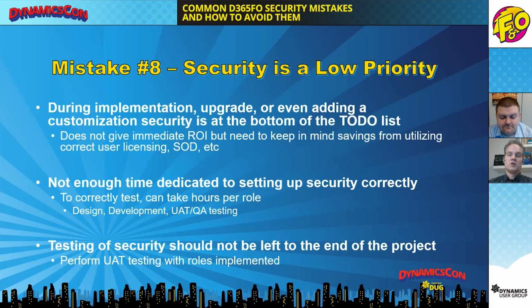So at least when you start, also start thinking of the security: which users are to be taken up in the application when you're live. What roles do they need and what access do they need? Also think of what access or combination of access is not allowed. So think of the segregation of duties and do the proper testing already in the UAT environment with all the roles implemented.